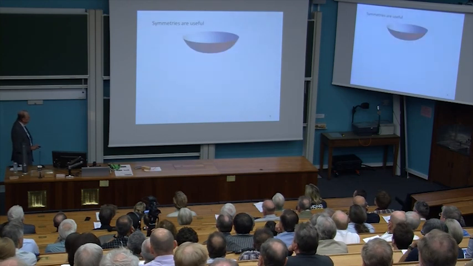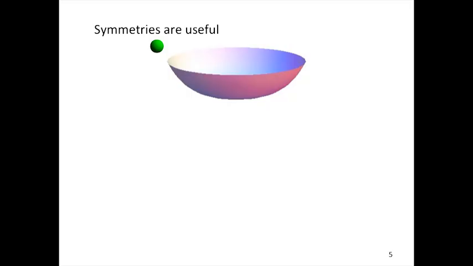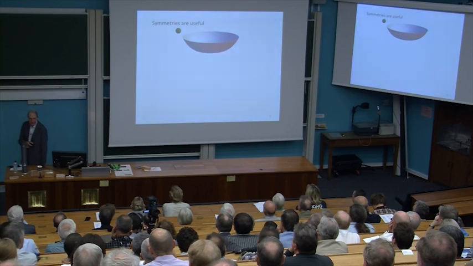Now, as I said a minute ago, symmetries are useful. Suppose we have this nice circular bowl, and we throw a marble into the bowl. If you try to follow the motion of it as it rolls around, that's a very complicated dynamical problem to solve.